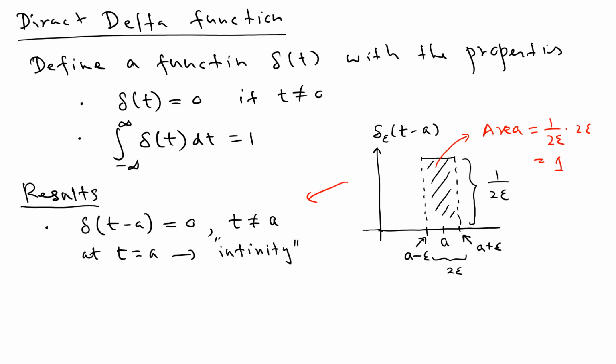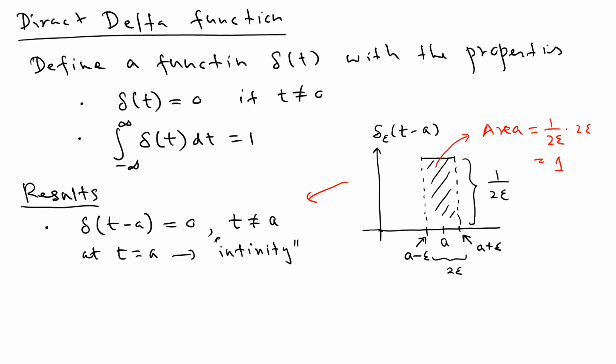So at a it is infinity, because otherwise how can you have area. So you can see that it's not really a function that you can understand like that, but we only go with the properties. So we use the properties to define the function. And then you can see that this is a nice one to model the impulse.